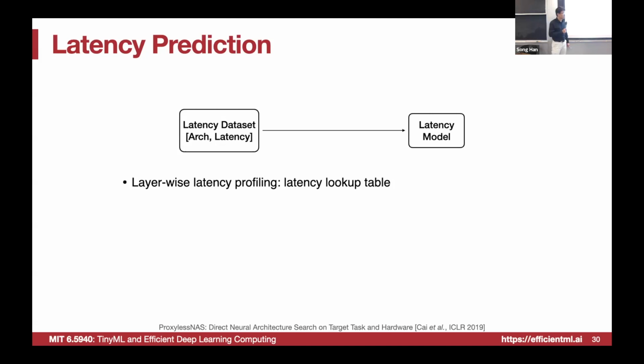And what are we assuming here? We are assuming for different layers, the latency is basically the sum of different layers. Like latency of a 10 layer neural network is the latency of layer 1 plus the latency of layer 2 plus the latency of layer 3. They're addable, and that's indeed the case. However, not all the case.